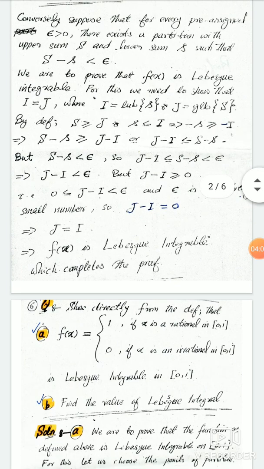But capital S minus small s is less than epsilon, so J minus I is less than epsilon.